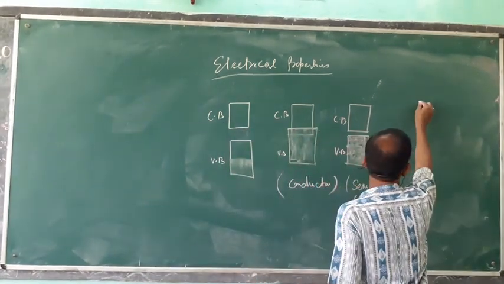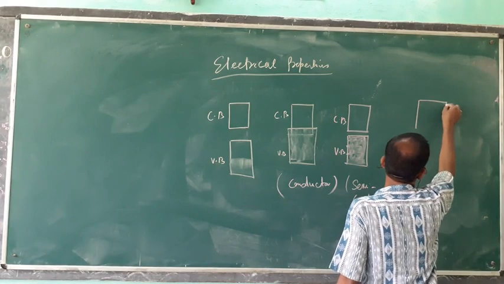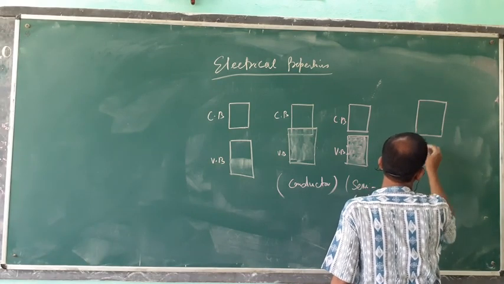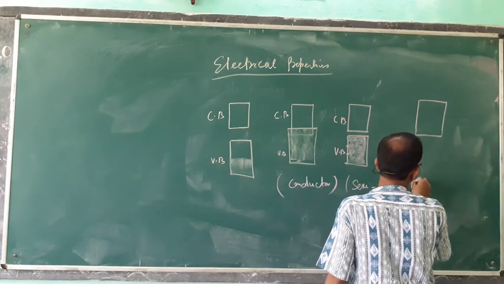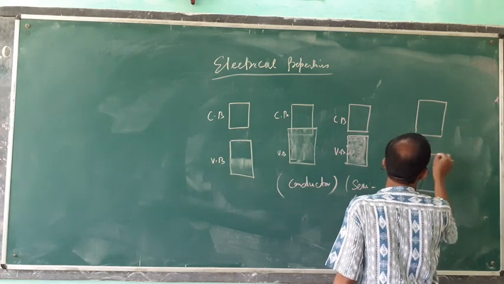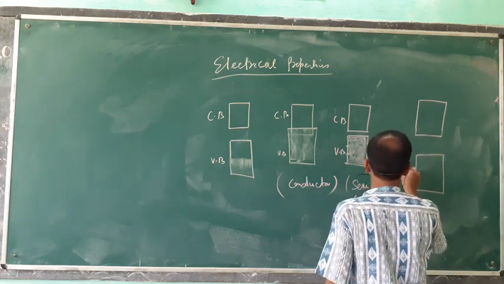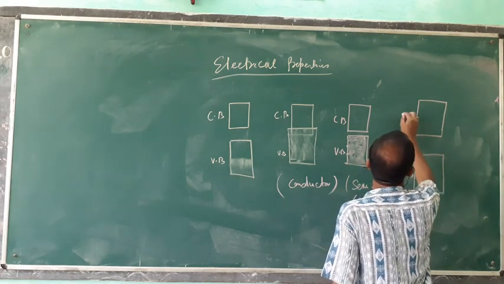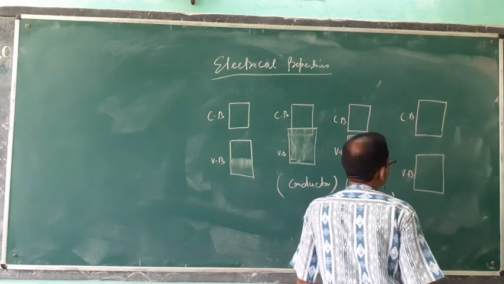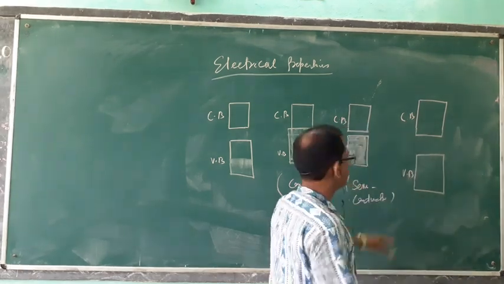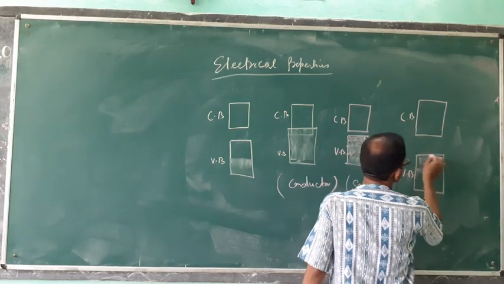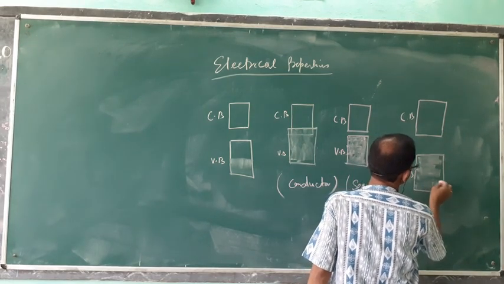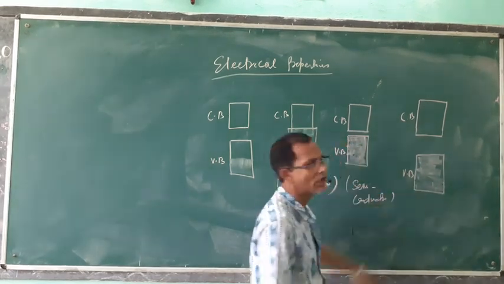But when the gap is more, here the valence band and here the conduction band. If the gap is more, then an electron cannot be easily shifted from the valence band to the conduction band.